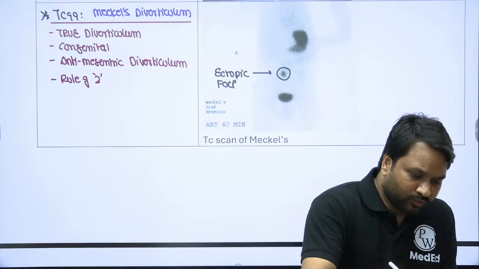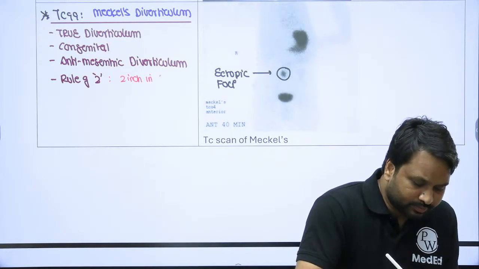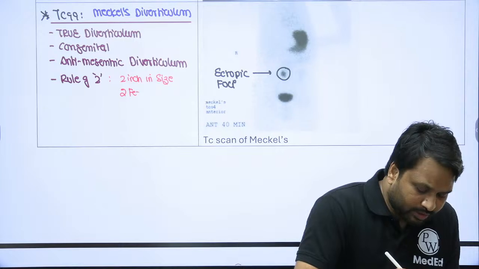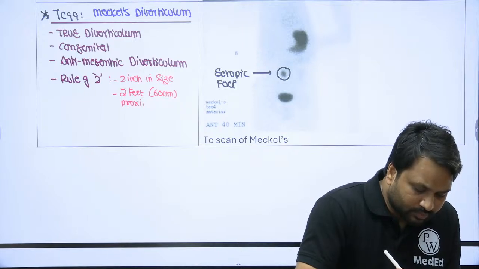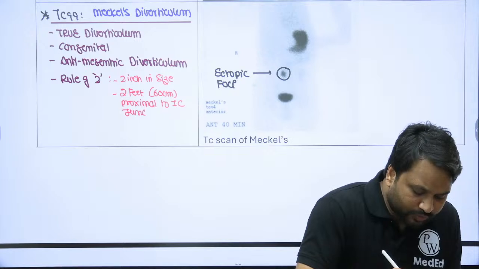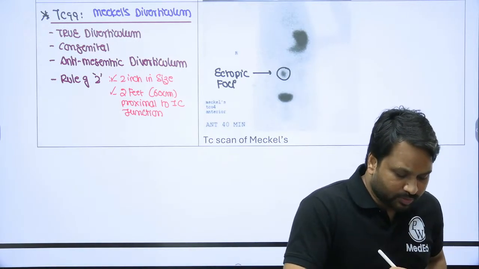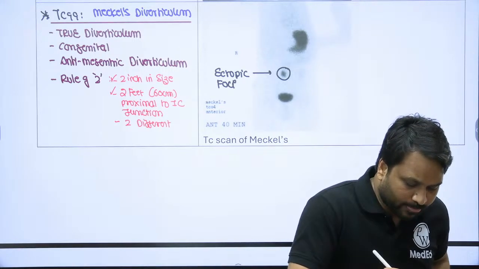Now, the rule of two, everybody knows it. It is going to be 2 inches in size. It is going to be 2 feet, approximately 60 centimeters, proximal to the ileocecal junction.